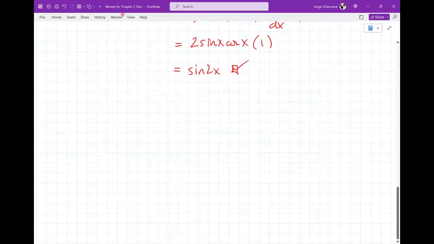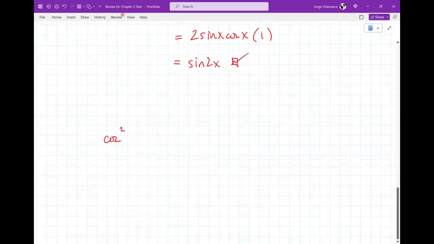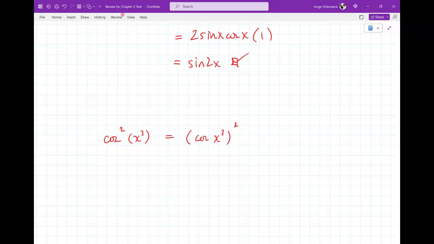So, example. Okay. So that's three functions. The bigger function is, sorry, let me write that out. Cosine of x cubed, squared. The bigger function is your quadratic. Something squared. Inside, cosine.